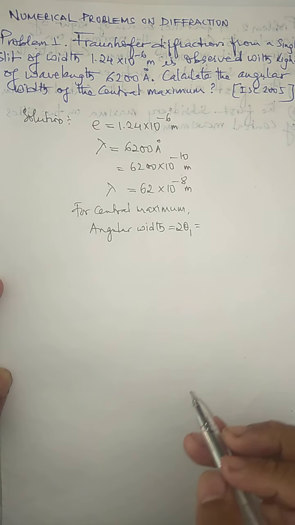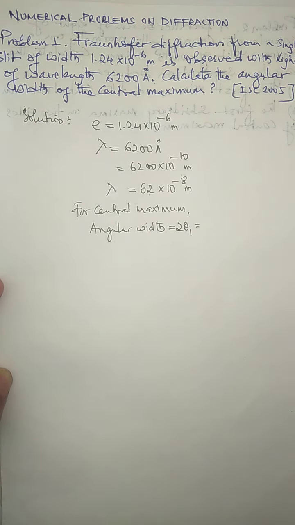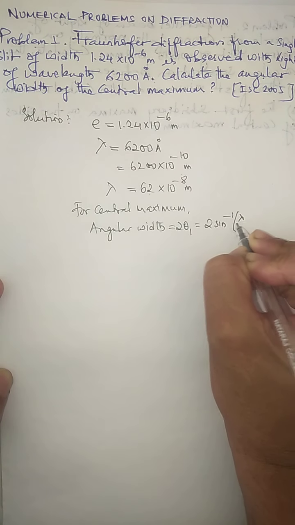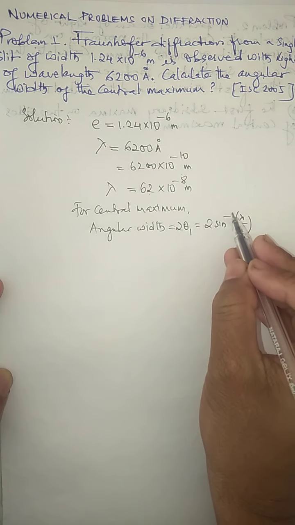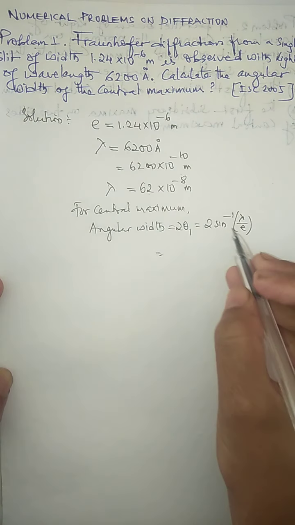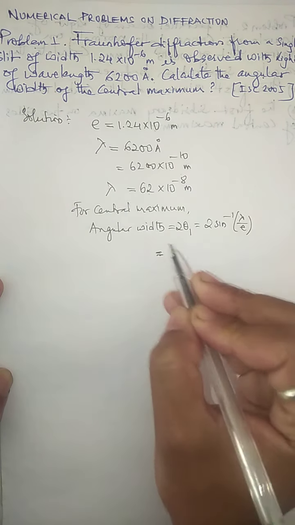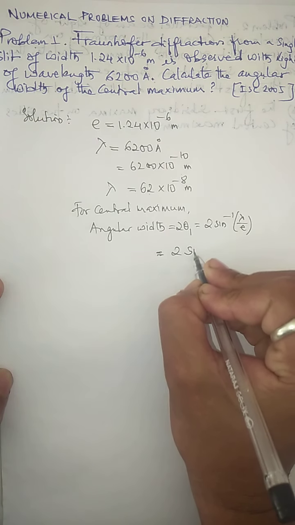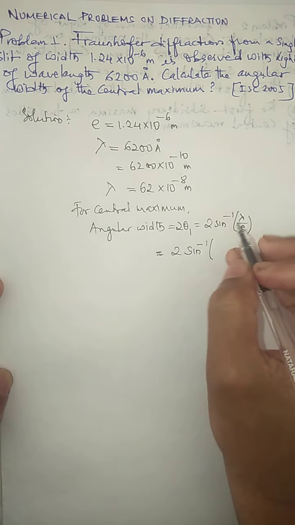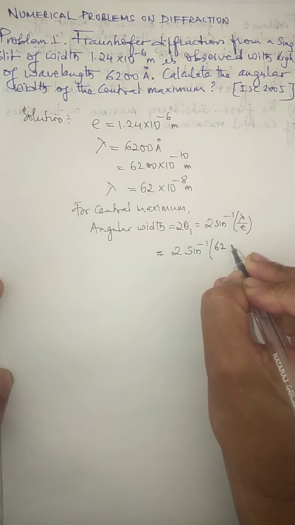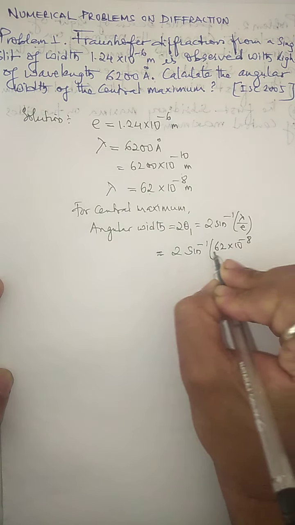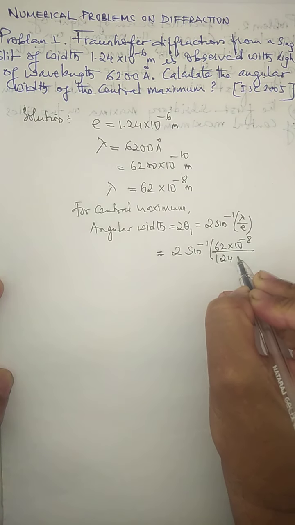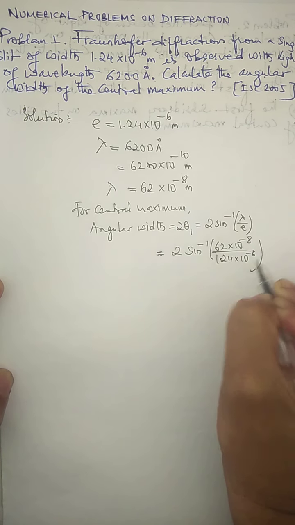To measure this angular width in degree, it will be 2 sine inverse lambda by e. When there is sine inverse of the quantity, we measure this angular width in degree. So it will be 2 sine inverse of 62 × 10^-8 by e, which is given as 1.24 × 10^-6.